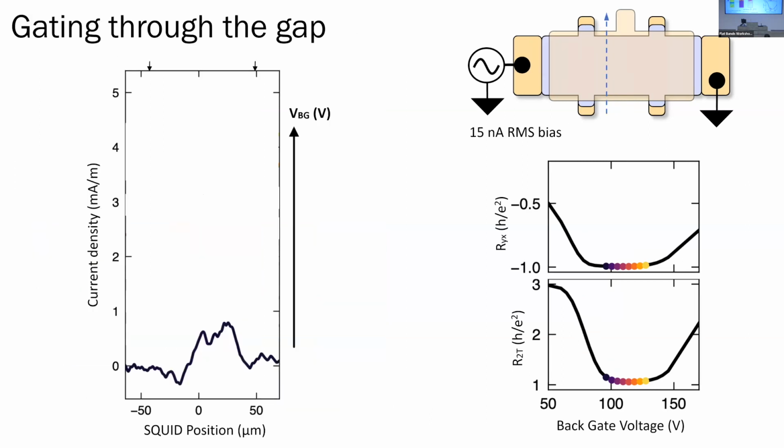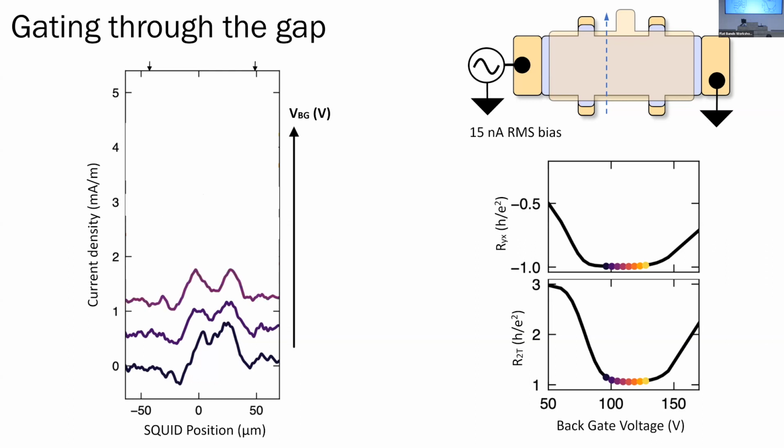We can do a bit more careful studies. So now I'm constraining myself to just taking a line cut through the sample and then tuning the backgate voltage through the plateau. And I'm showing directly the reconstructed current density in the sample. At this black trace, which corresponds to the colors of the dots here, we get a quasi-uniform current in the bulk.